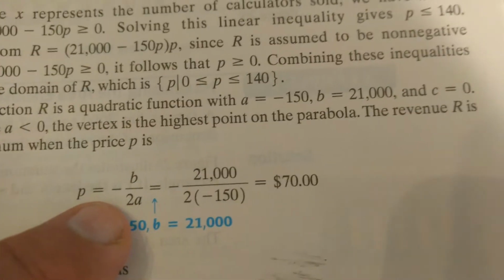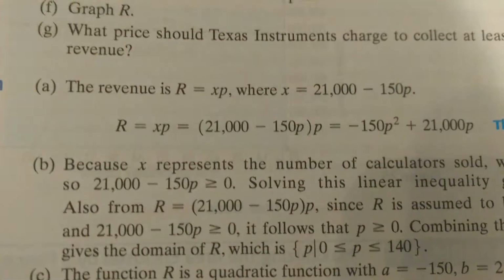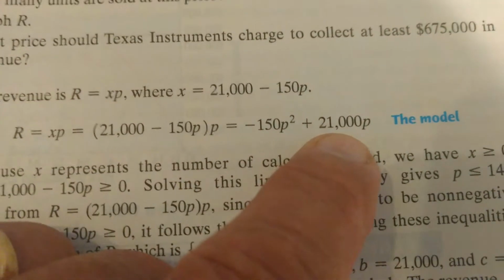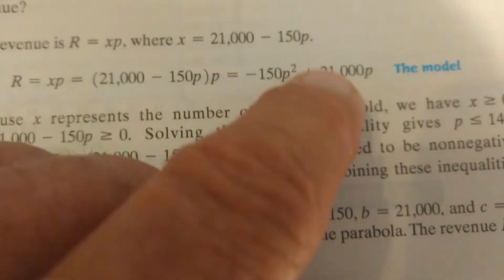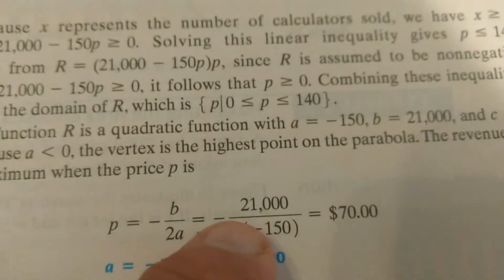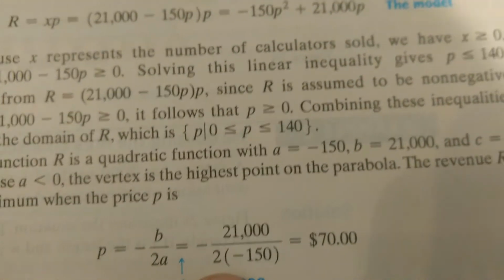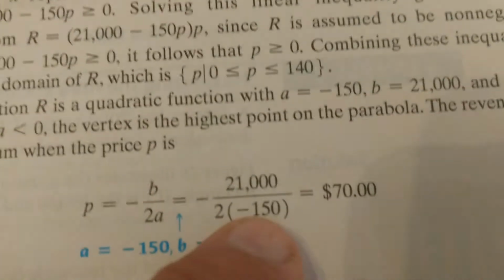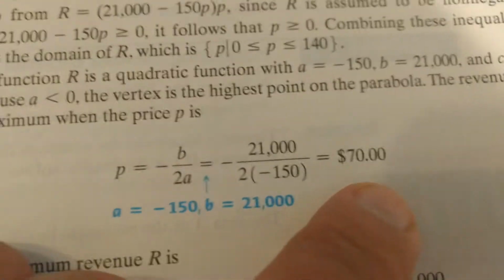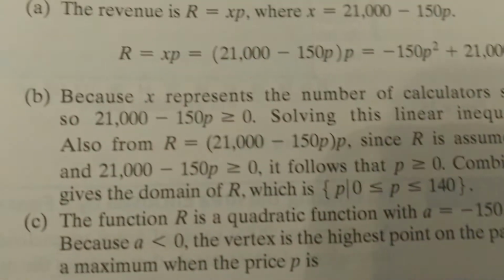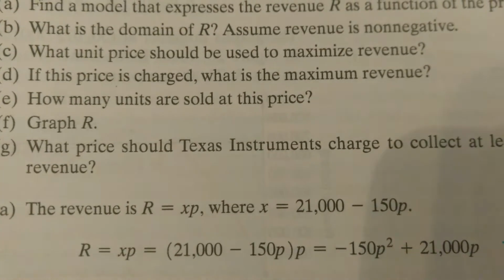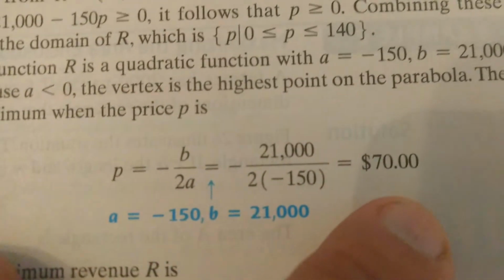And so if we look at our quadratic equation, which is right here, this is A, this is B, we don't have a C. So you see how they're getting negative 21,000 over 2 times negative 150. Negative 150 is the A. Do the math and we find out the answer. What the question was asking is, what is the unit price that should maximize revenue? Well, that unit price is $70.